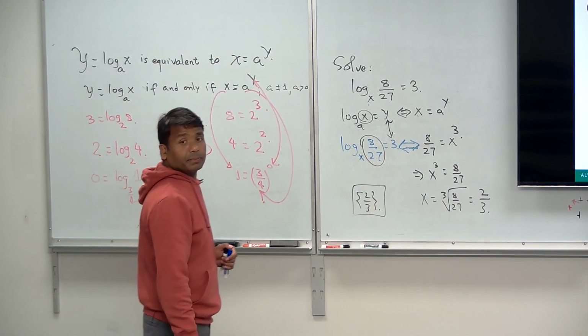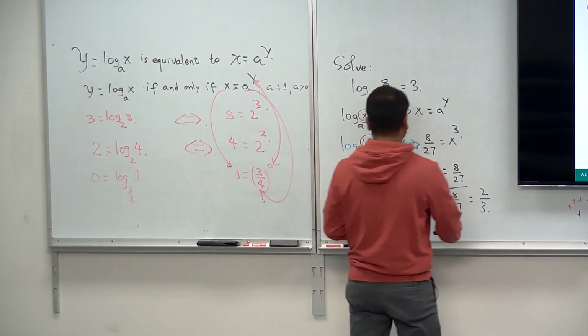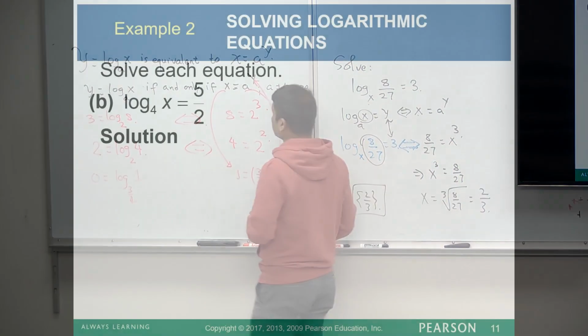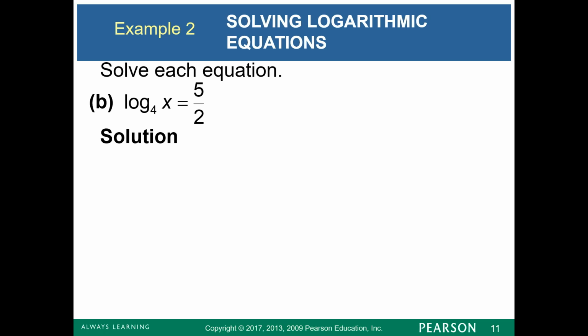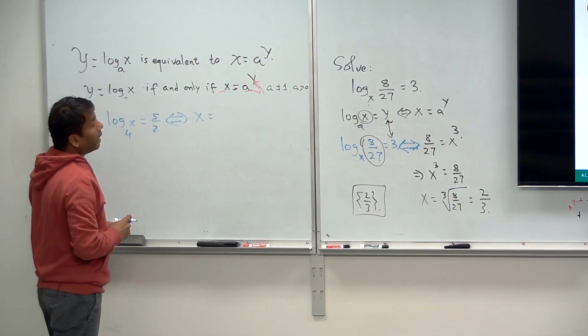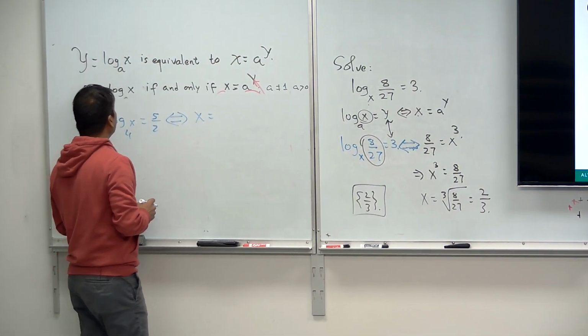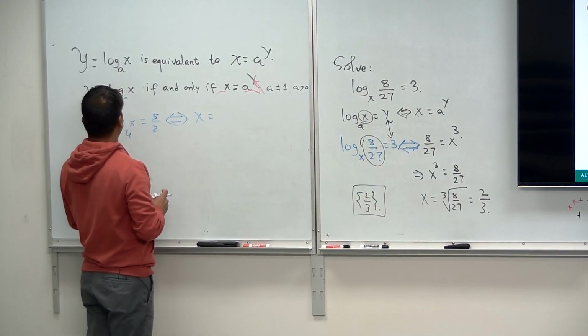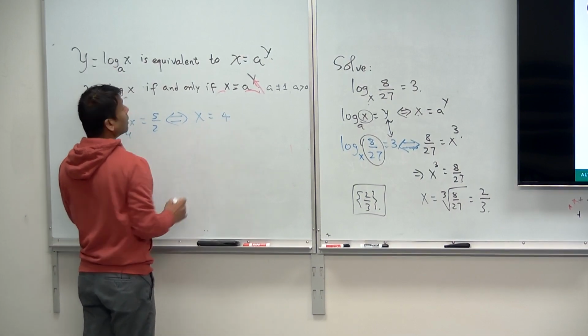Same thing here. If you want to solve logarithm with base 4 of x equals 5 over 2, right? So this is equivalent with x equals, remember this, okay?